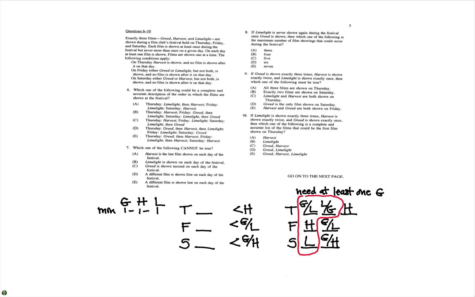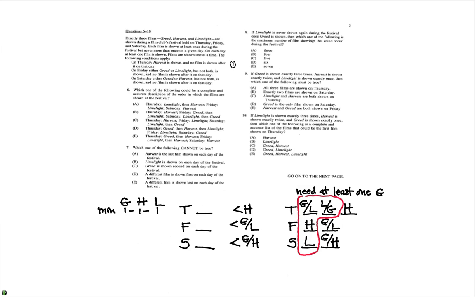Even if your setup is completely off, because we're going to completely ignore our setup, and we're going to go through each of our rules one by one and eliminate answer choices that violate those rules. So, our first rule told us that on Thursday, Harvest is shown and no film is shown after it on that day. So we have rule 1.